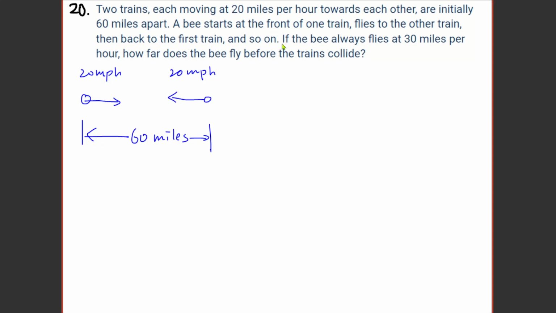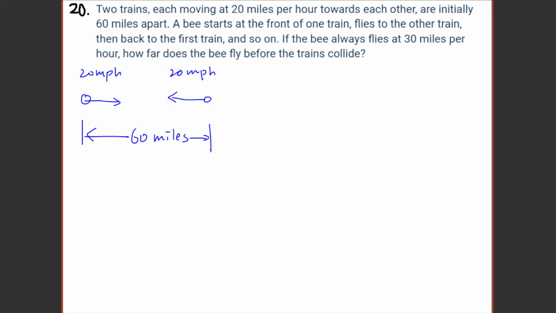A bee starts at the front of one train, flies to the other train, then back to the first train, and so on. If the bee always flies at 30 miles per hour, how far does the bee fly before the trains collide?